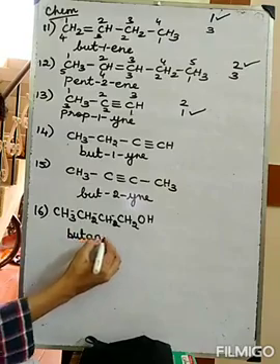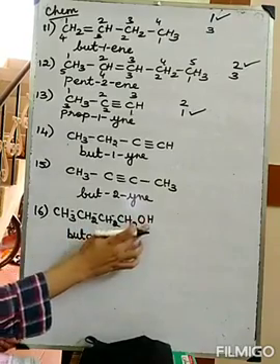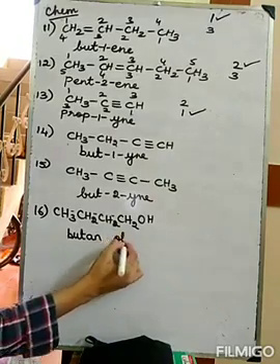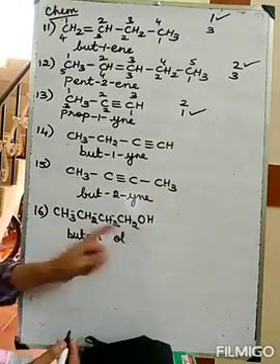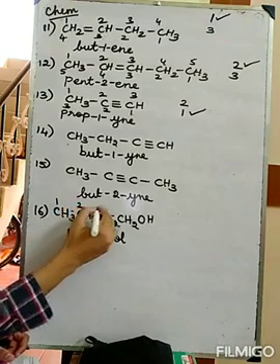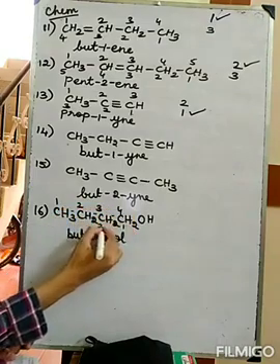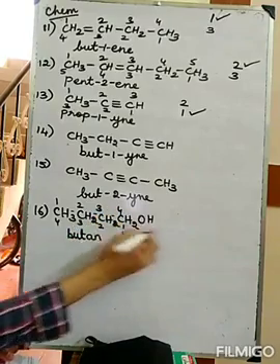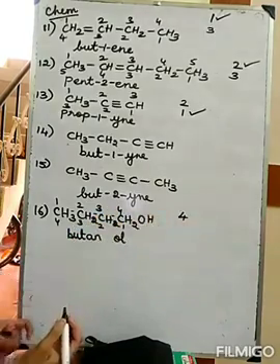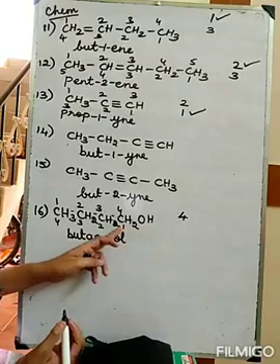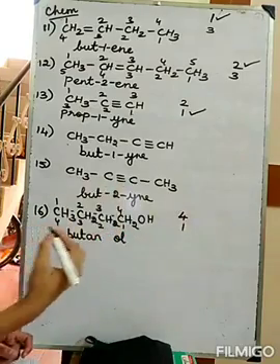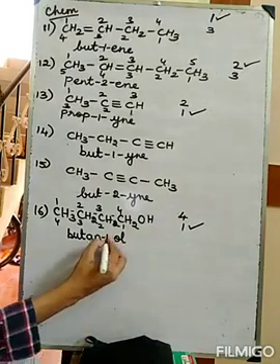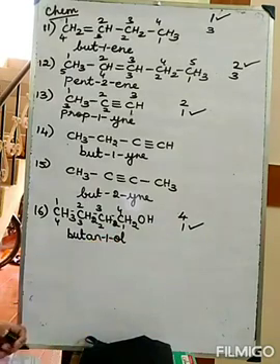Single bond means it is ane. But an alcohol group is present, so instead of E, you should write OL. Now what is the position? 1, 2, 3, 4. When you number from this side, the alcohol group is attached to the 4th carbon. When you number from this side, it is attached to the 1st carbon. So always you should take the least number. So it is butan-1-ol. Okay.